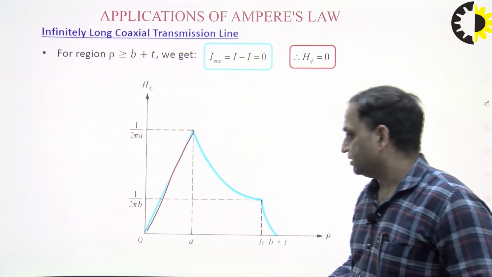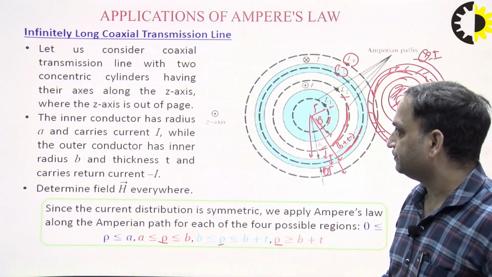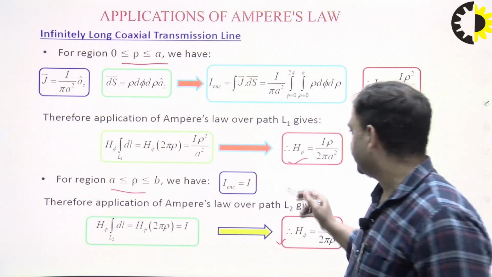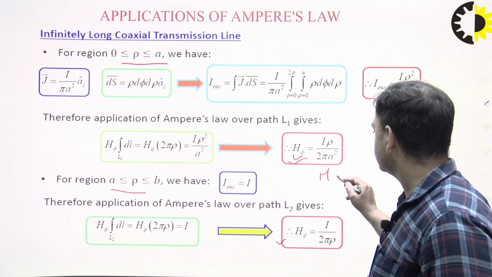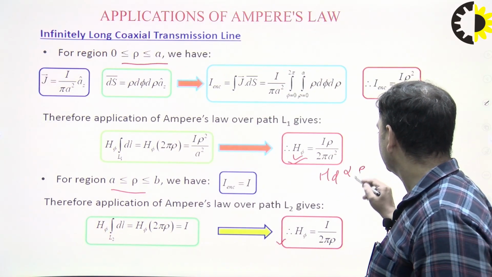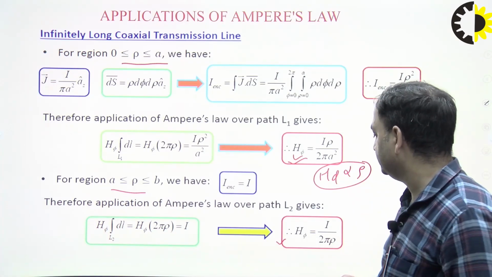We can also see it here. This H phi is directly proportional to rho, so it is a linear relation.